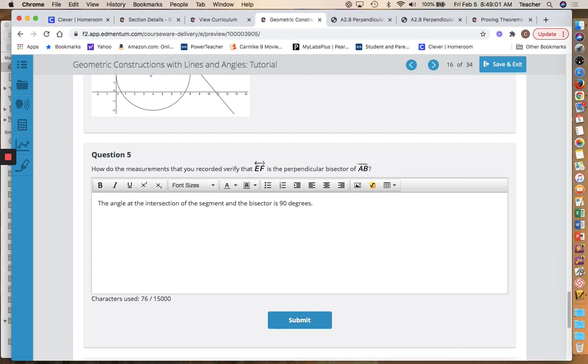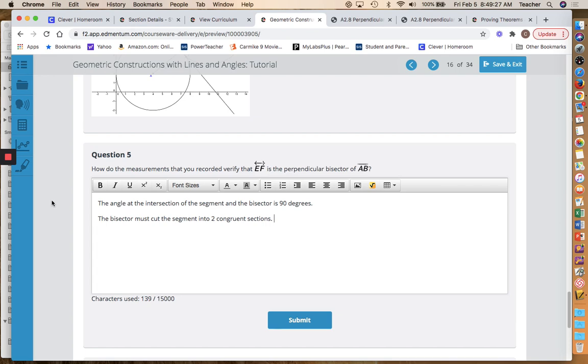The next thing is the word bisector. If the perpendicular bisector cuts the segment into 2 equal parts, then it really is a bisector. The bisector must cut the segment into 2 congruent sections.